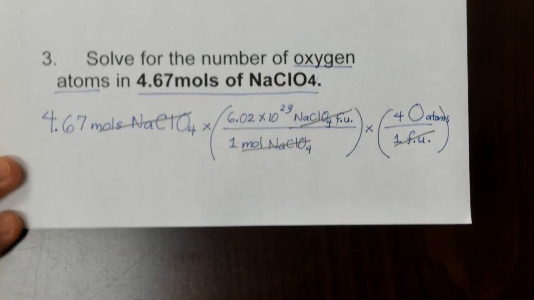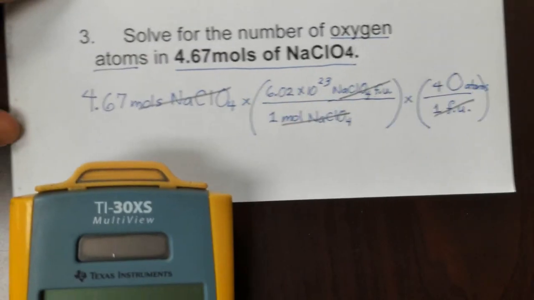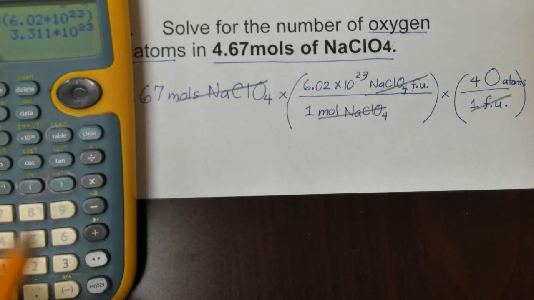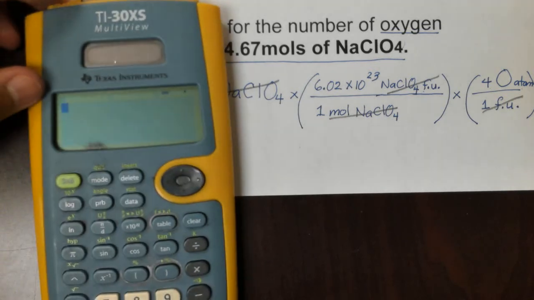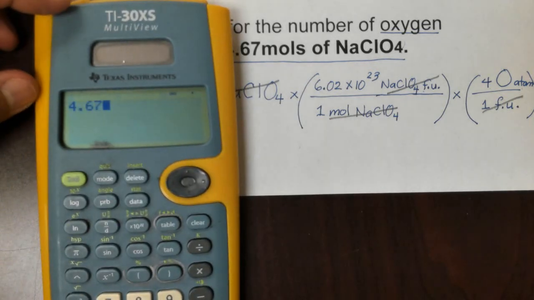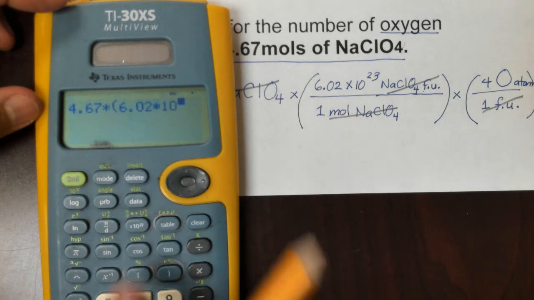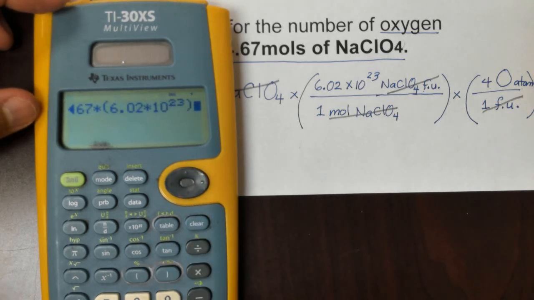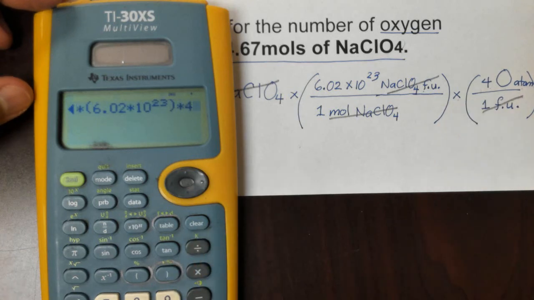So now we're going to do a multi-step inputting in the calculator. So we're going to input 4.67 first. 4.67 times, open parenthesis, 6.02 times 10 to the 23. We close the parenthesis, and then we multiply again by 4. So times 4. Equal.